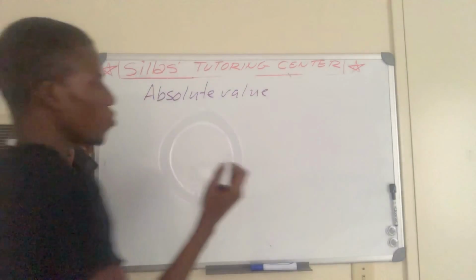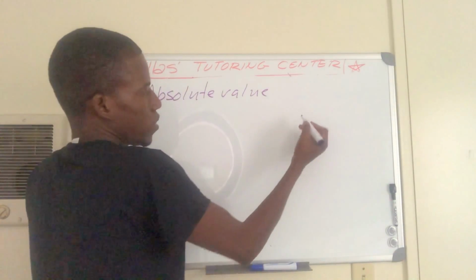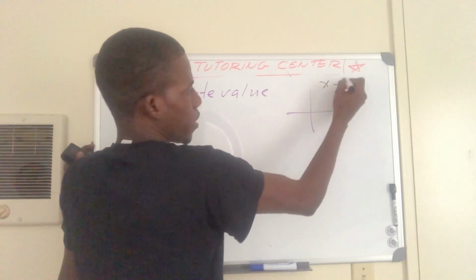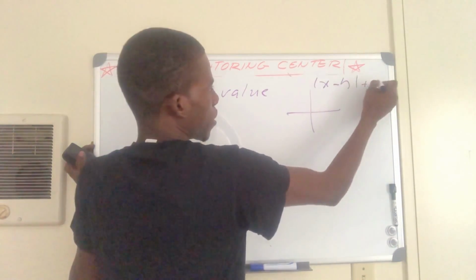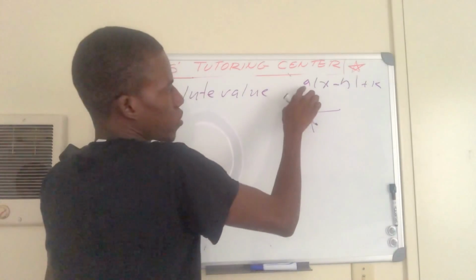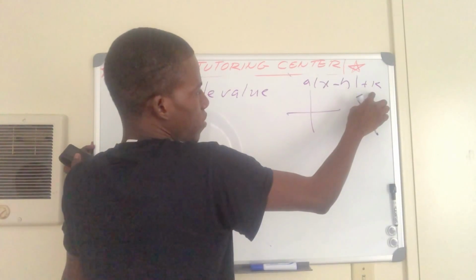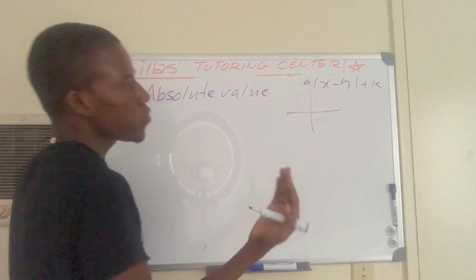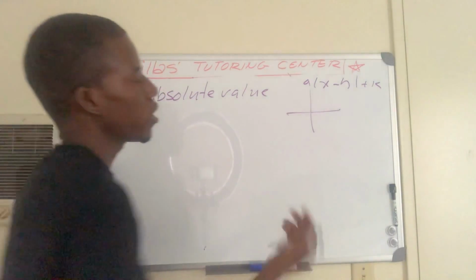So we see 2 forms. We already see that in a times absolute value of x minus h plus k, a is our slope, hk is our vertex, and hk is basically a shift to the absolute function.